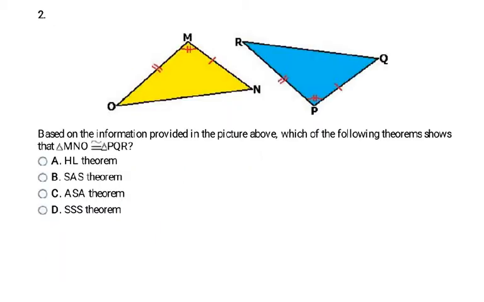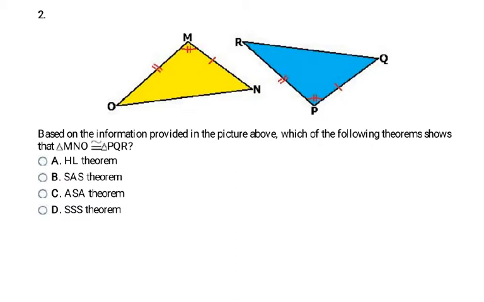Okay, this question asks us to identify the theorem that tells us that triangle MNO is congruent to triangle PQR. So I look at the tick marks to see what it is that I know. I have one side pair, another side pair, and an angle pair.